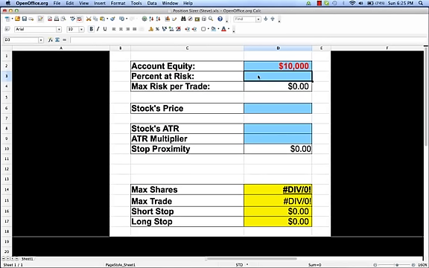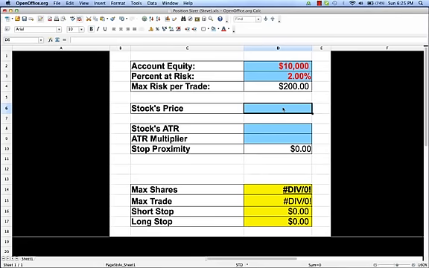So how much money do you want to lose if you're wrong? So as the quotes suggested, 1% or 2% is usually a good idea. So let's try 2%. So here, $200, that means if you're wrong, your account is going to go down in value by $200.